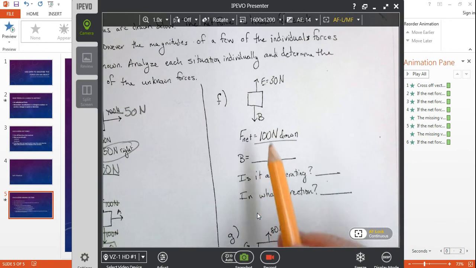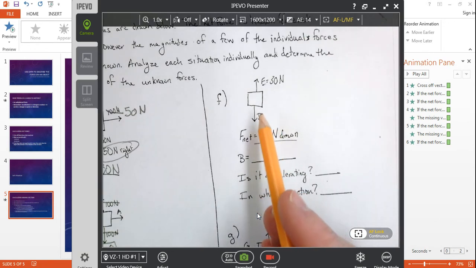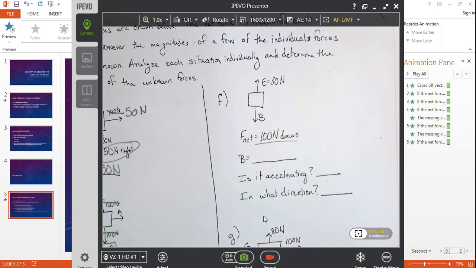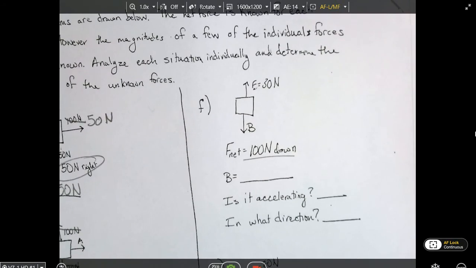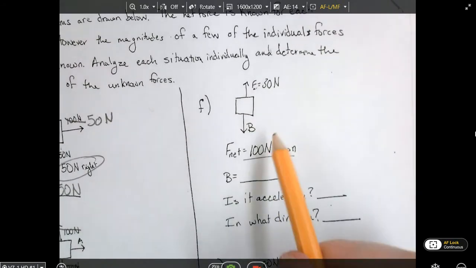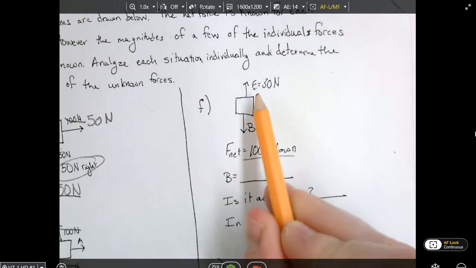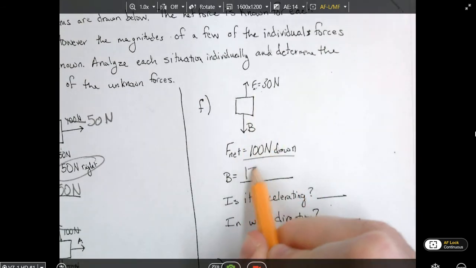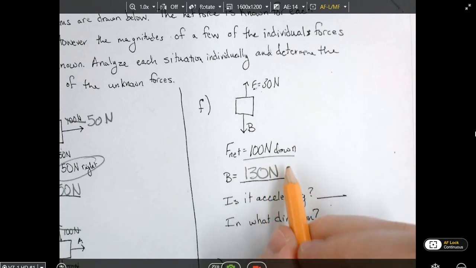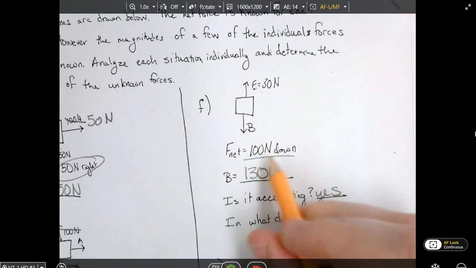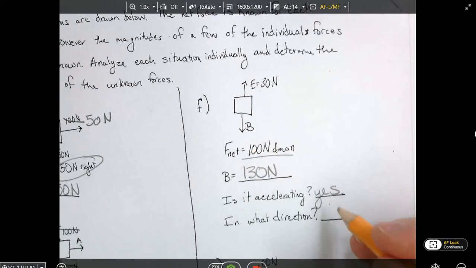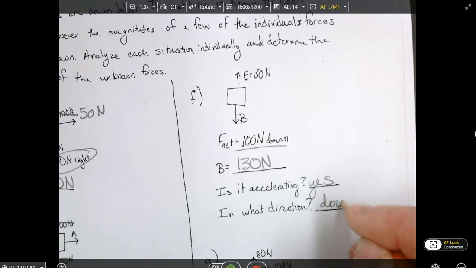So that goes back to our rule: if the net force is in the direction of the missing vector, then the missing vector is that much more than the opposite one. So B is 100 more than 30, so 130 newtons is B. And is it accelerating? Most definitely, because the net force is not 0, and it's accelerating down.